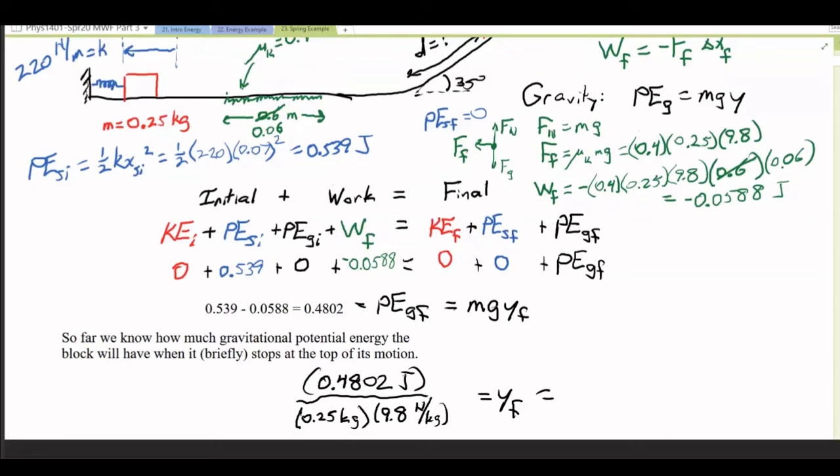So I'm going to take my amount of energy divided by parentheses mass times 9.8 and get 0.196 meters.